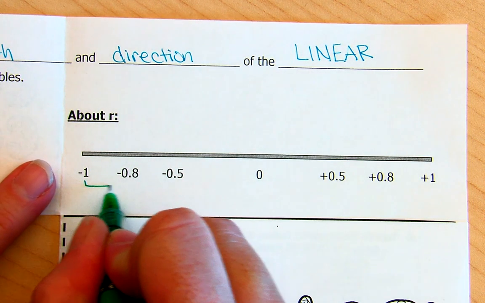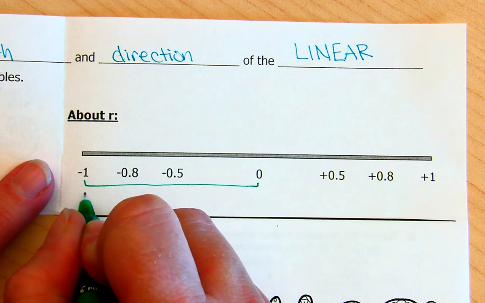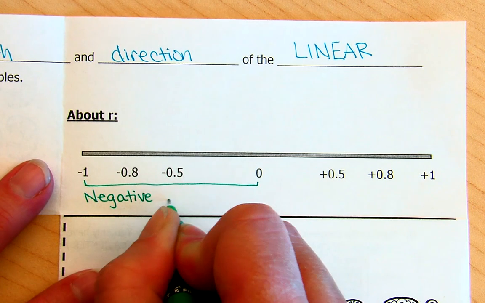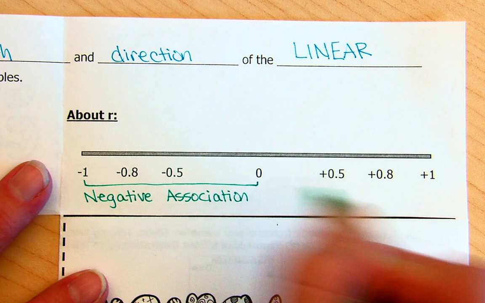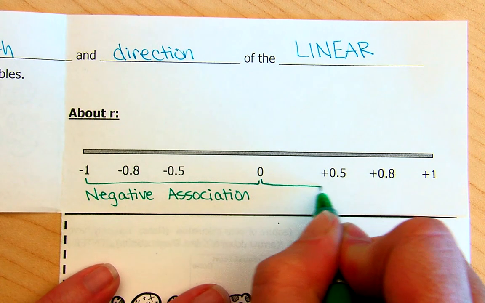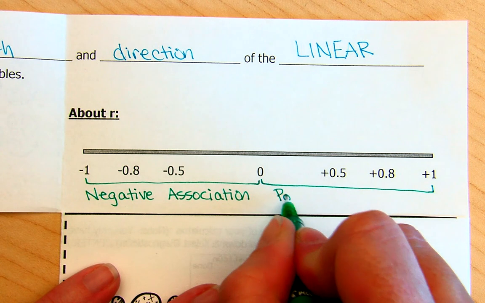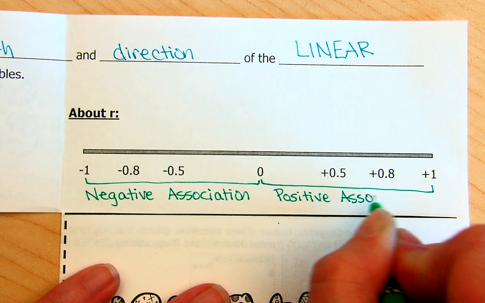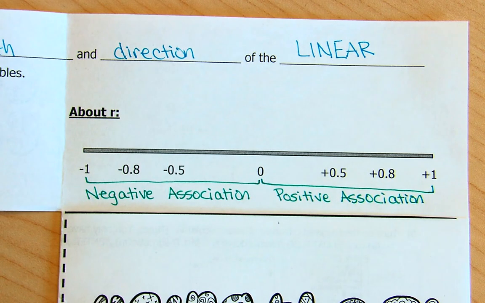If we're on the negative side, it is a negative association. If you're over on this side, I bet you can guess it. It's a positive association. So that tells us the direction. Is it positive, is it negative?